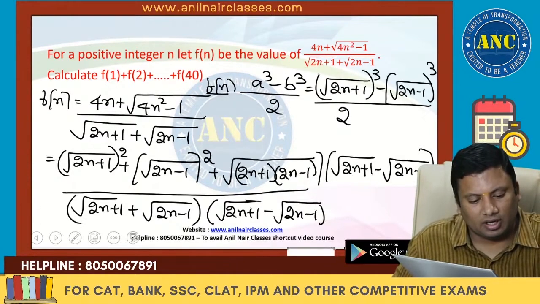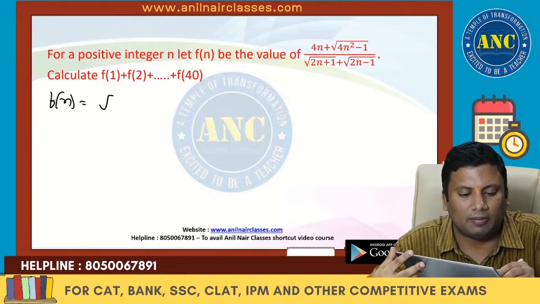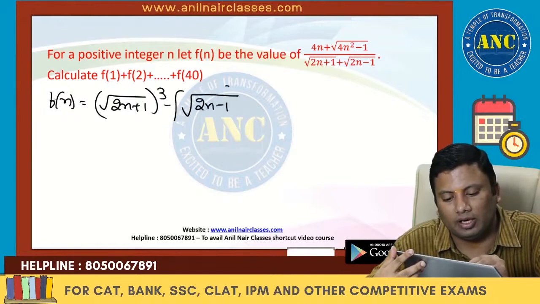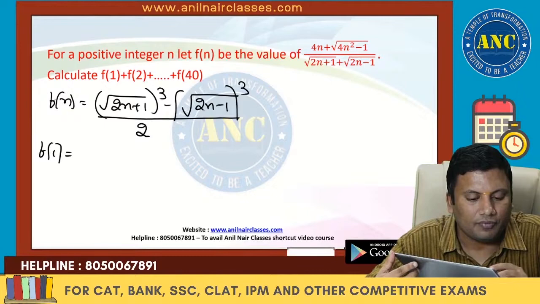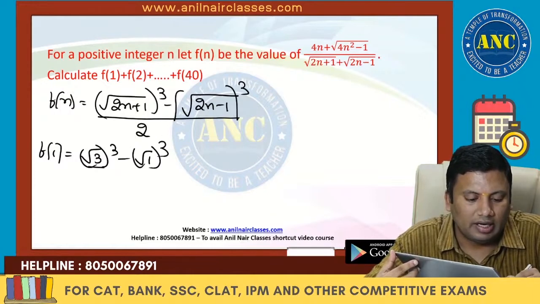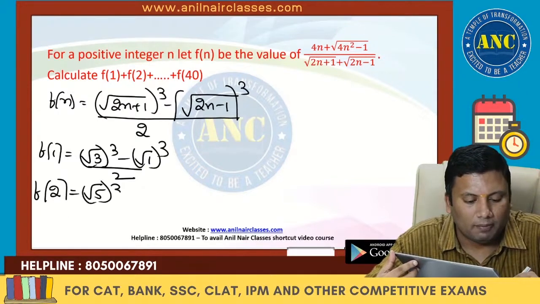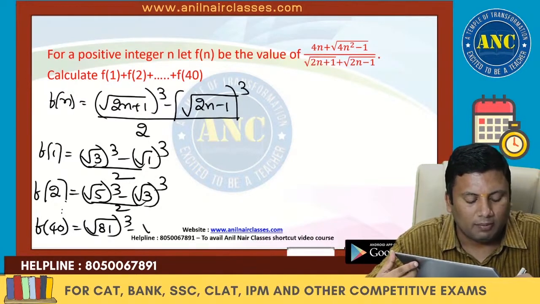Now if you see here, f of n is root of (2n plus 1) whole cube minus root of (2n minus 1) whole cube, divided by 2. f of 1 is root 3 whole cube minus root 1 whole cube divided by 2. f of 2 is root of 5 whole cube minus root 3 whole cube divided by 2, and so on up to f of 40, which is root of 81 cube minus root of 79 cube divided by 2.